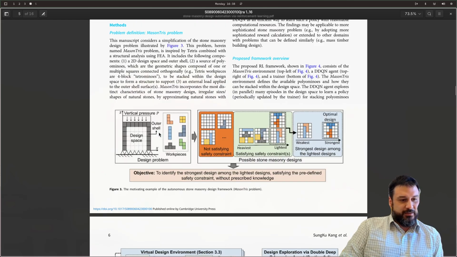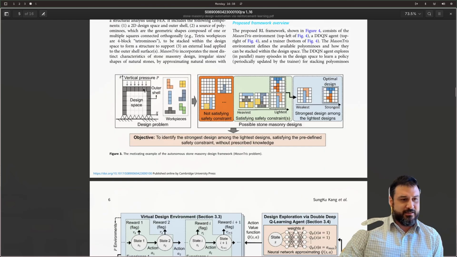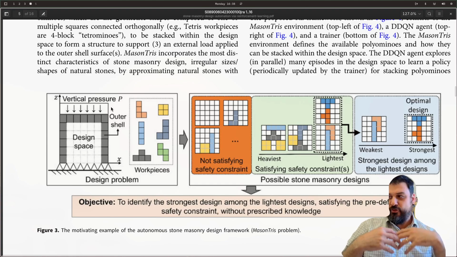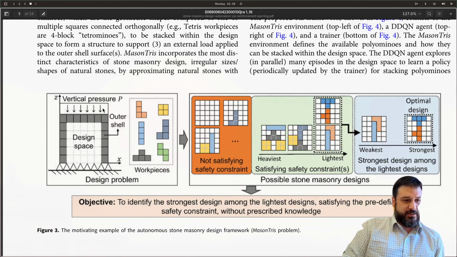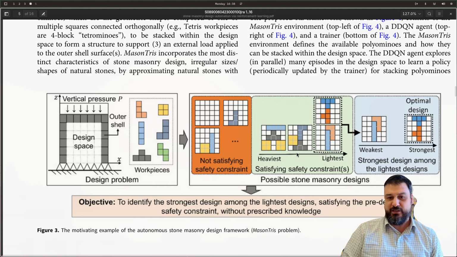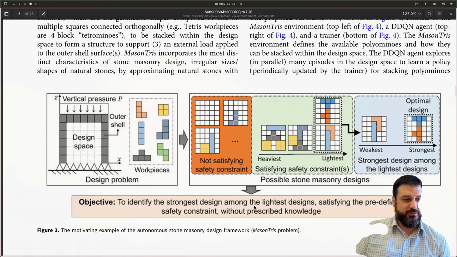So this is how it looks. This is kind of like the implementation. You have a design space, which is a board, and they assume here that the nodes at the bottom are fixed, and then you apply a vertical pressure wherever the top is, right? And the system will try to use different tetrominos to explore different configurations of the design space, so different possible brick layouts, so to speak.